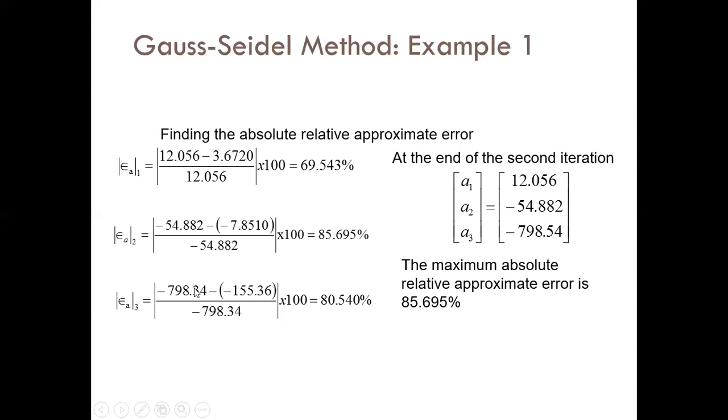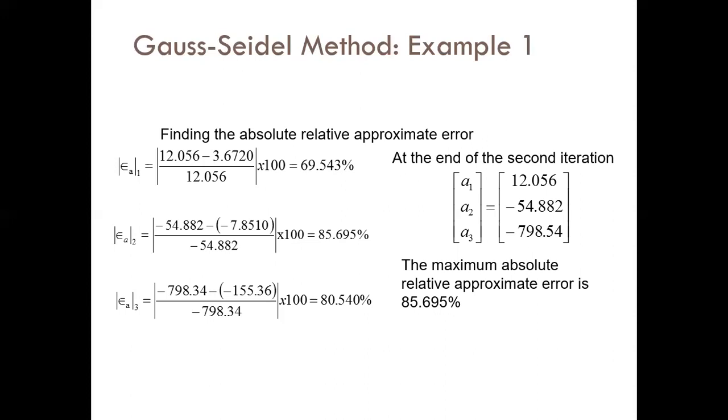This is 798.34 minus 155.36 divided by 798.34 into 100, which is 80.54%. The maximum absolute error is 85%. So after iteration number 2, the error is maximum.